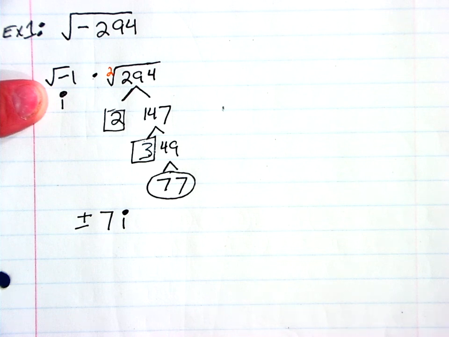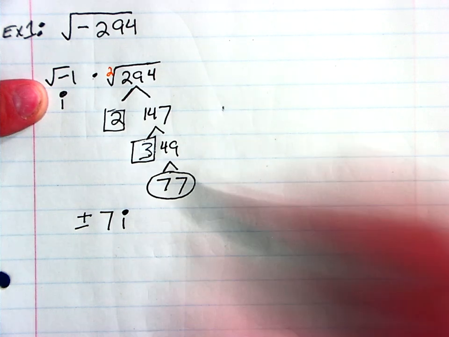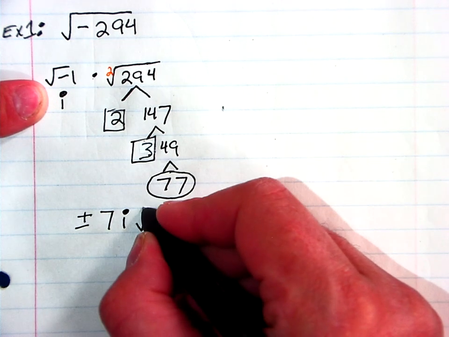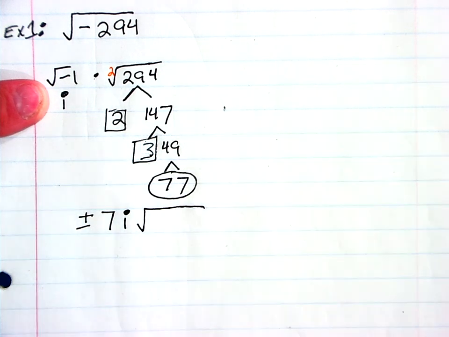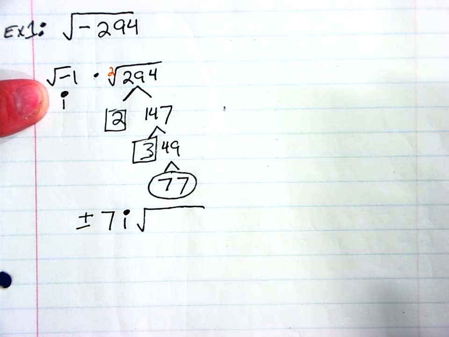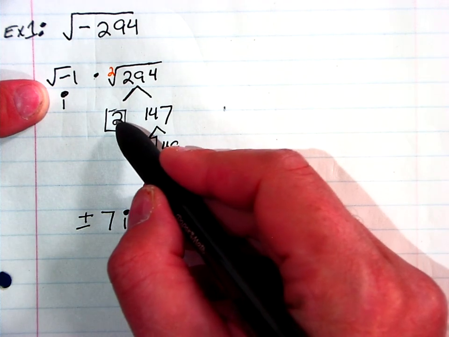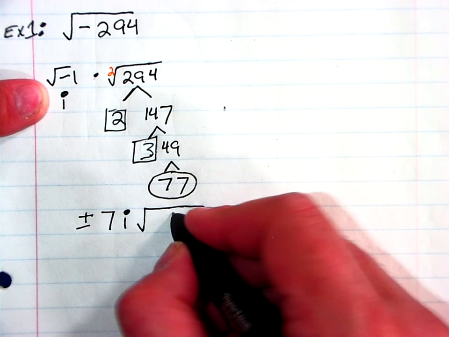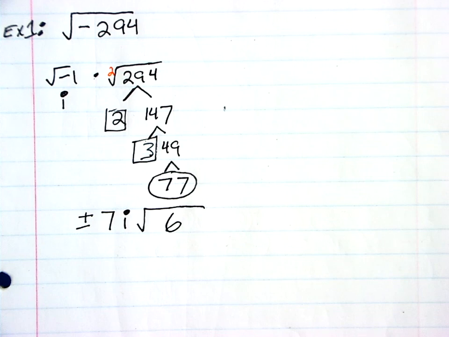I don't think I've ever used that before in my 12 years of teaching. It was on the fly. All right, next, we have our radical. That's what the square root symbol is called, a radical. And then we do 2 times 3 is 6. That's your final answer.